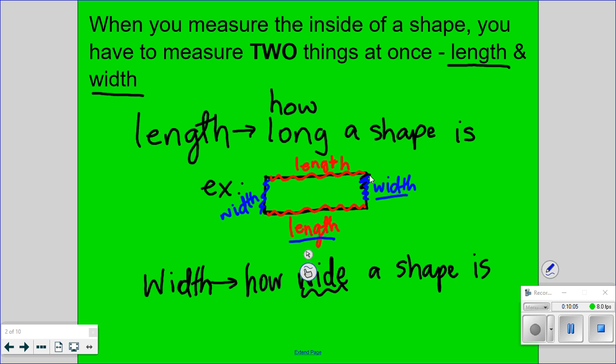It doesn't really matter. I don't want you to get confused on where they go. Just make one side length and one side width. Most people use length as the longest side because long, length. But in the math world, it really doesn't matter.